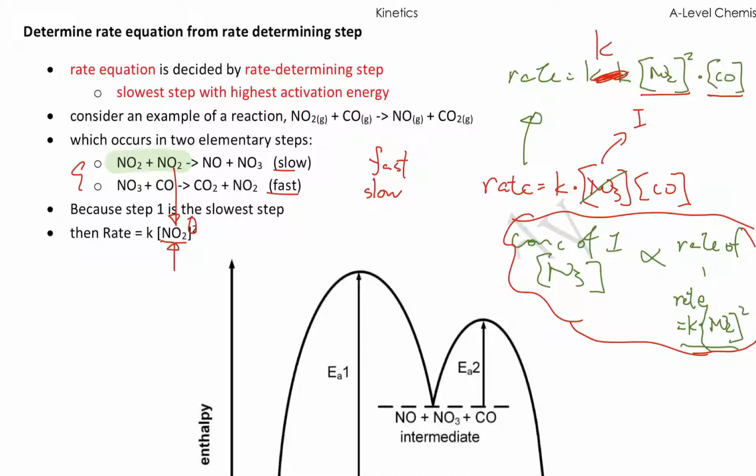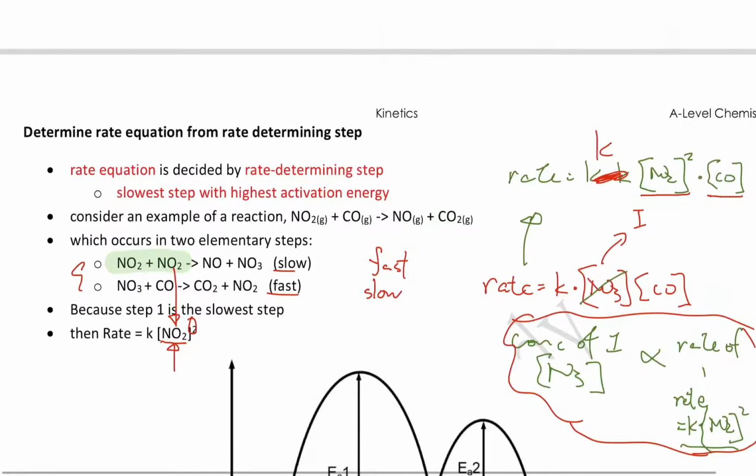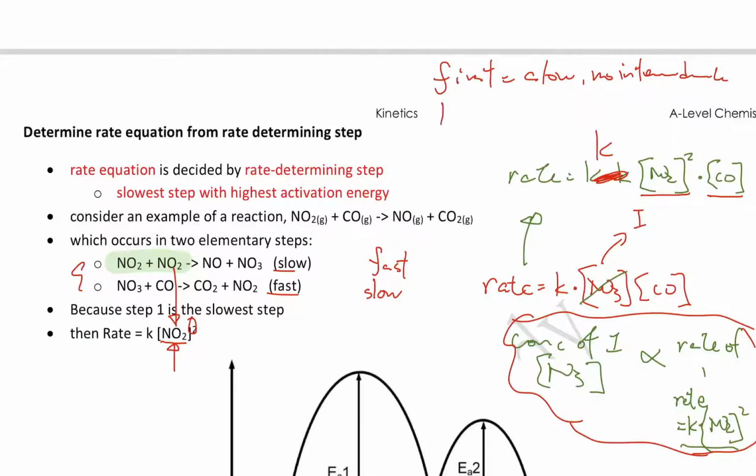So here are some characteristics: if the first step is slow, then no intermediate at all. If the last step is slow, then every substance is involved.